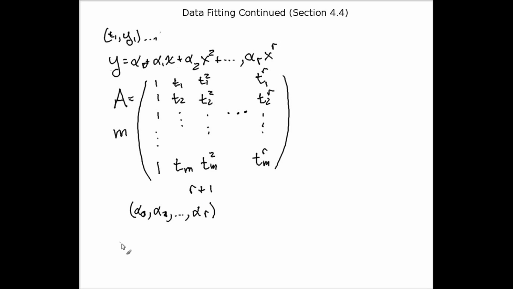And again, the best fit is given by this vector alpha is equal to A transpose A inverse times A transpose Y.